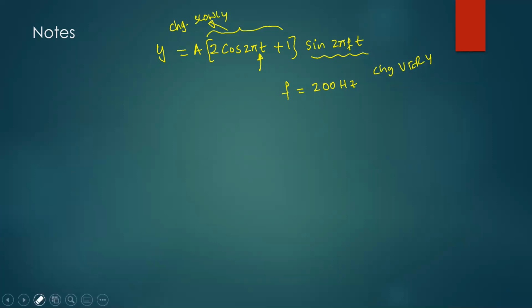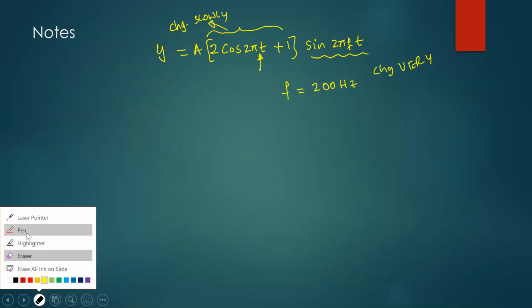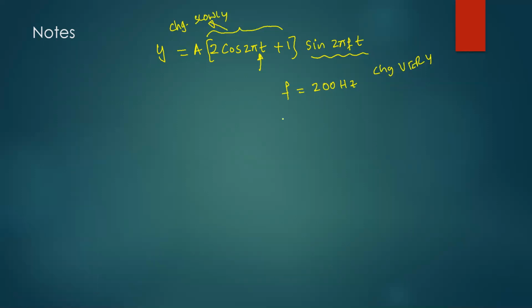So have you ever graphed the product of two functions? When such a thing happens, usually it looks something like this. If you look at this first function, if I don't have this 1, my cos would actually start like this. This is 1 and this is 2, let's say. The cos function would look something like this.